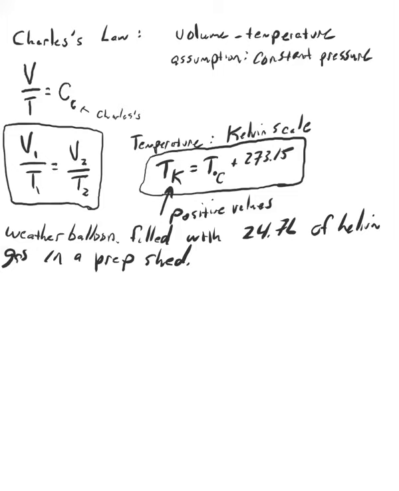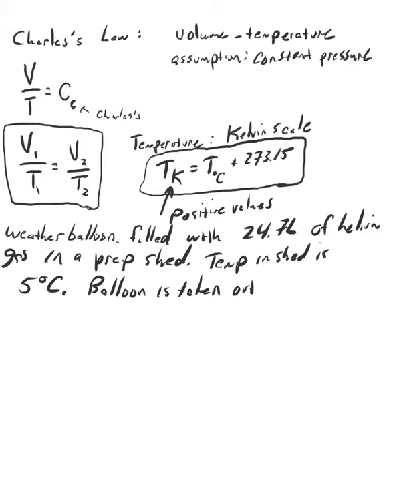The temperature in the shed is 5 degrees C. Okay, so a little bit above the freezing point of water. It's cold. 5 is cold. The refrigerator temperature is usually 4, I think. Right. So the balloon is taken outside, where the temperature is -20. Okay, calculate the new volume.